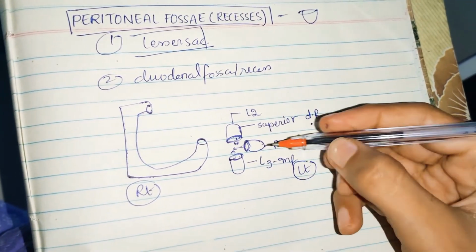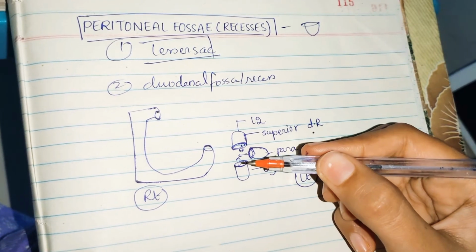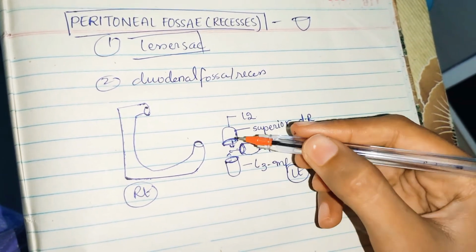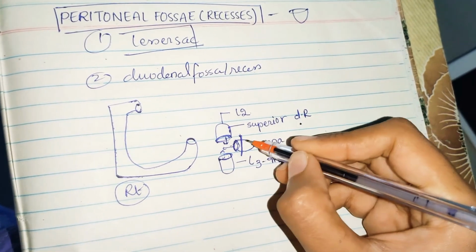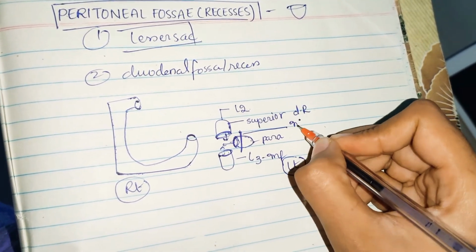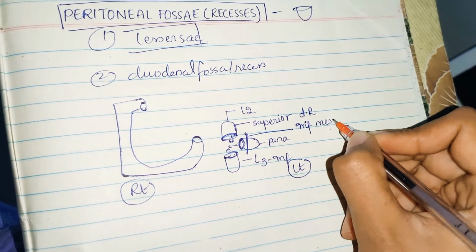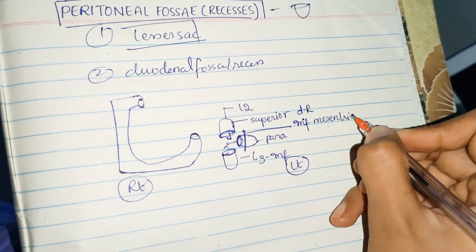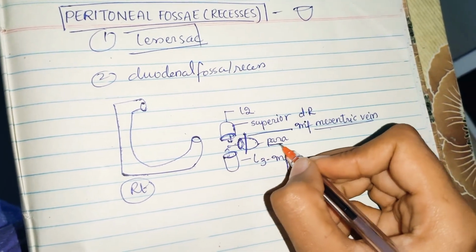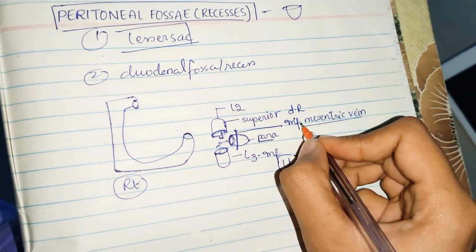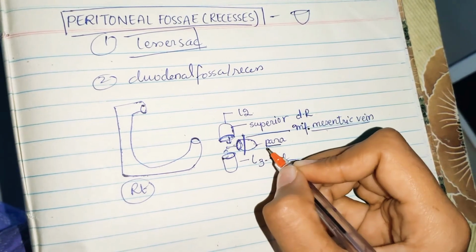The paraduodenal recess opening is towards the right side, and it also carries the inferior mesenteric vein near its orifice. This is an important landmark for the paraduodenal recess: the inferior mesenteric vein, and its opening towards the right side.